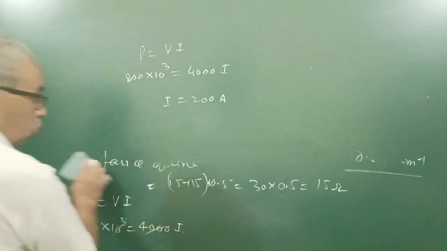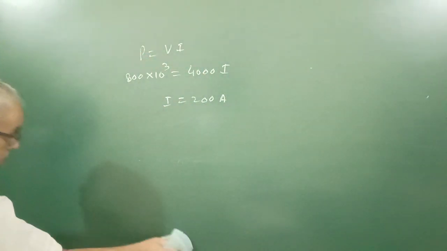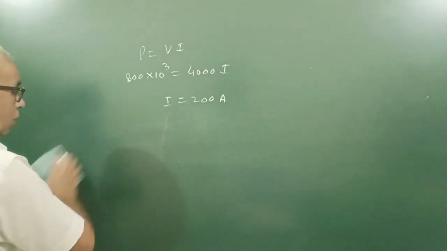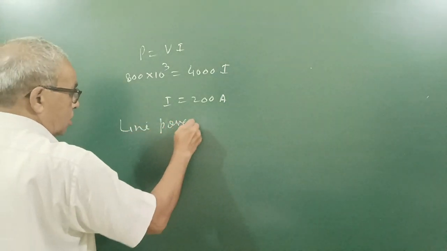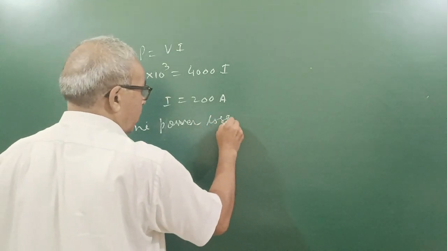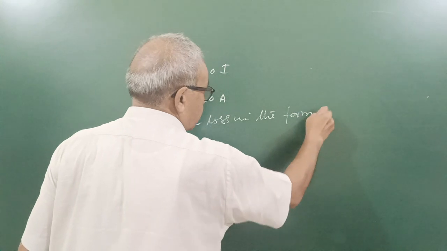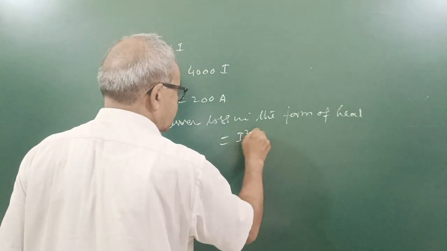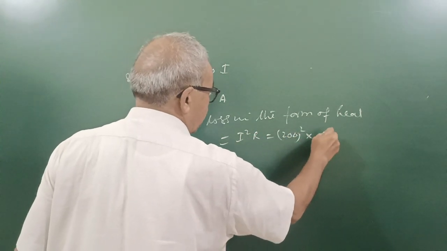So line loss, power lost, line power loss in the form of heat. I square R is 200 square into 15.